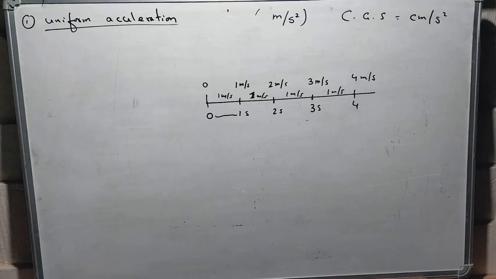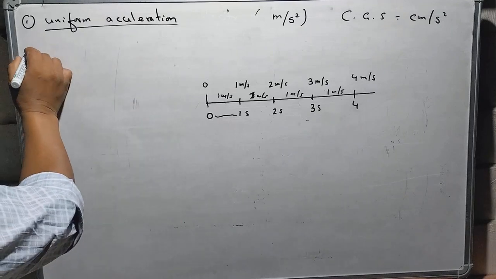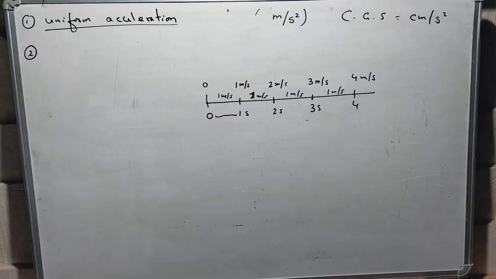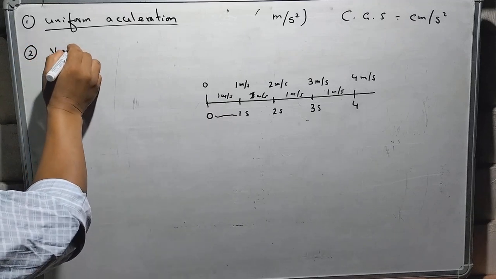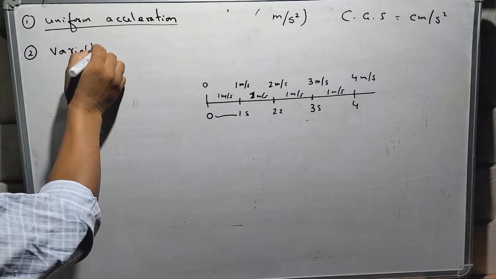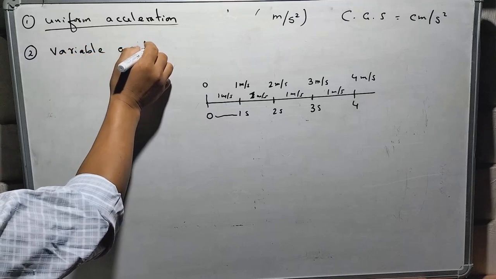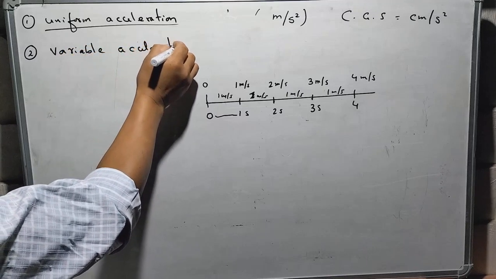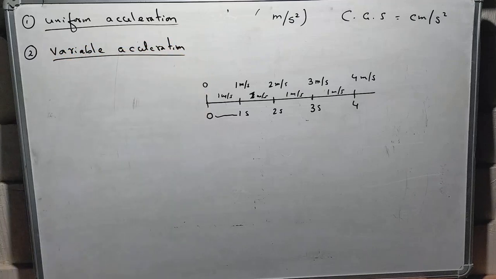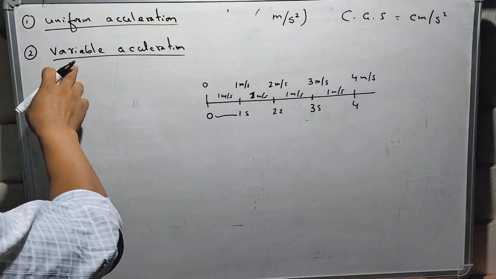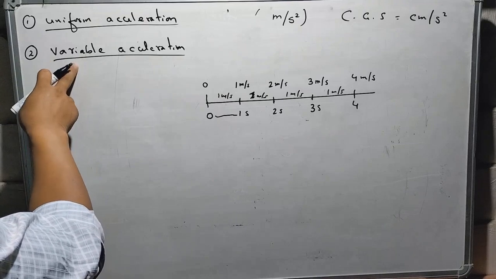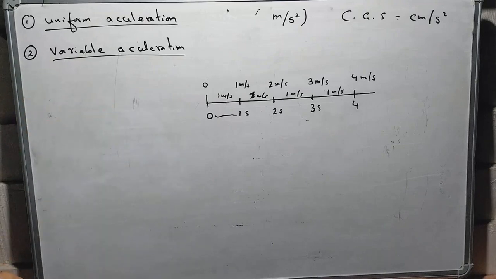Number 2, the second type of acceleration is variable acceleration. What do we mean by variable acceleration? From the word itself, it is understood that variable means non-uniform.